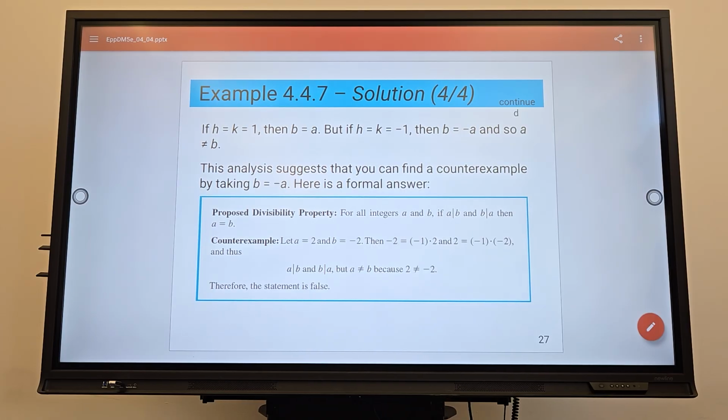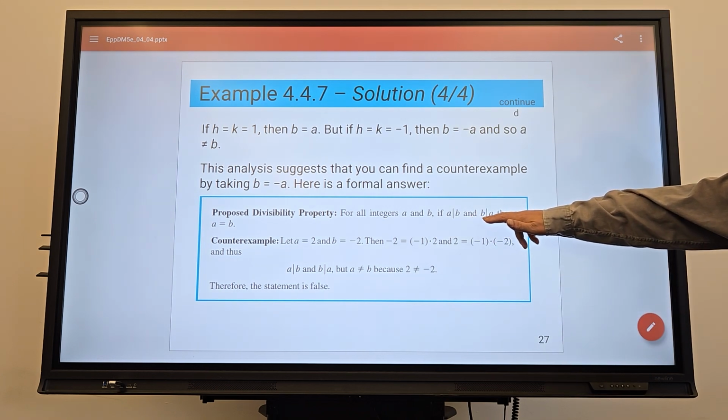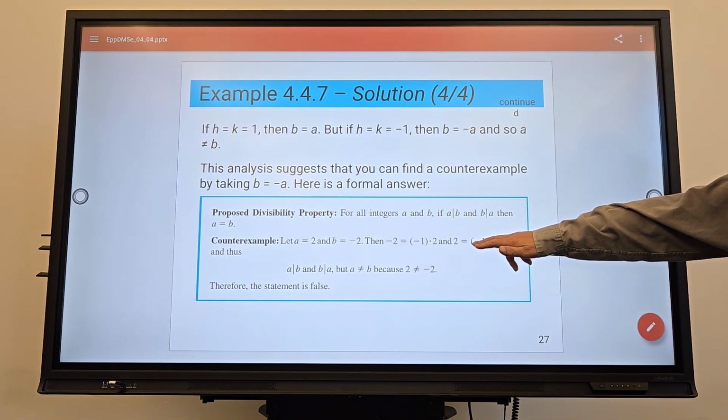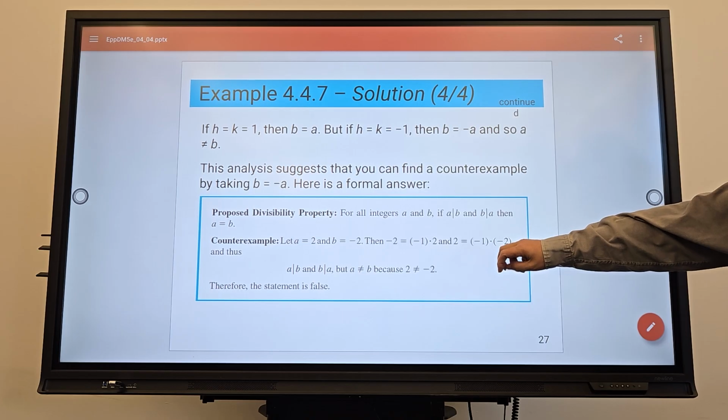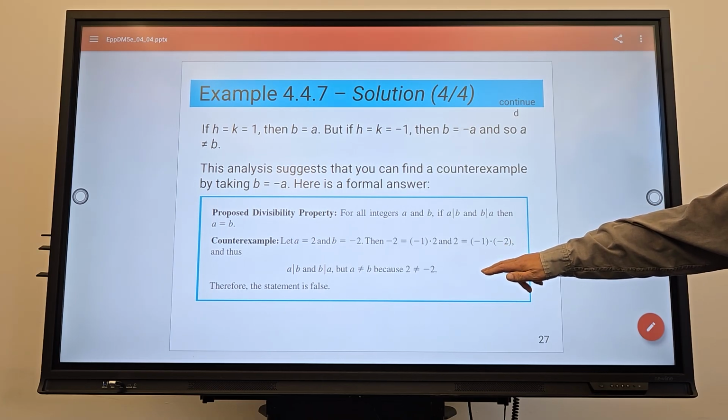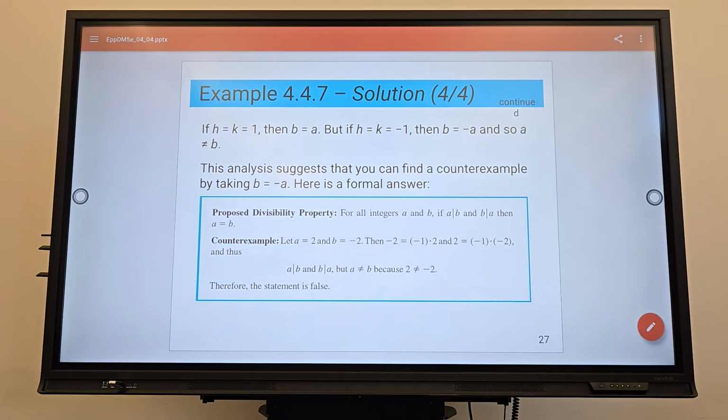This suggests that you can find a counterexample by taking B equals minus A. Here is a formal answer: the supposition, the counterexample of 2 and minus 2, and the conclusion.